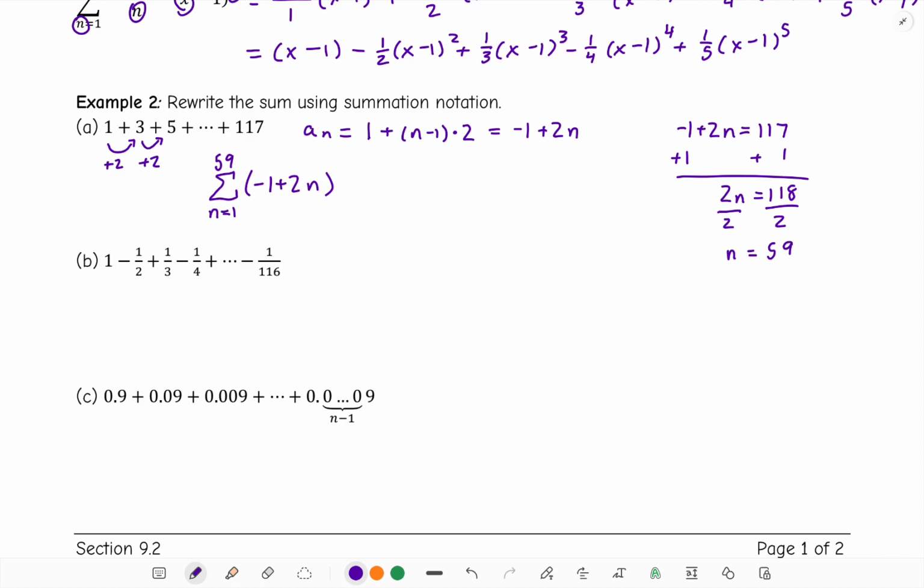Now for B, this is very similar to problems that we did before, where you want to rewrite it as a fraction. And this is how I'm going to rewrite it. And you notice that the top is geometric because you multiply by negative 1 each time.